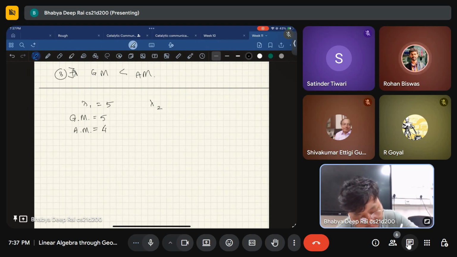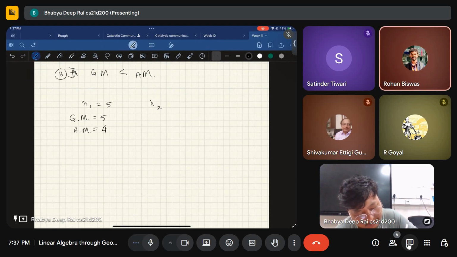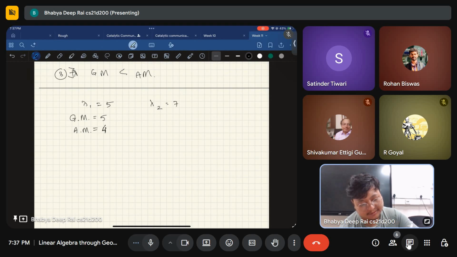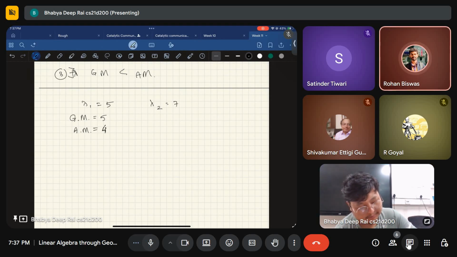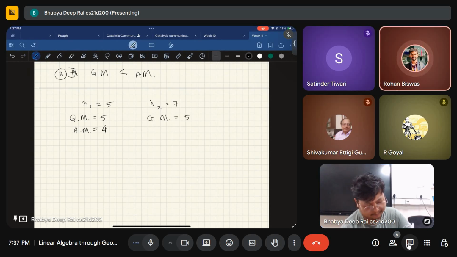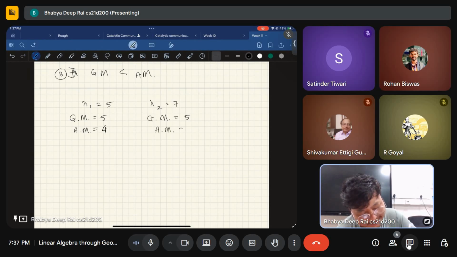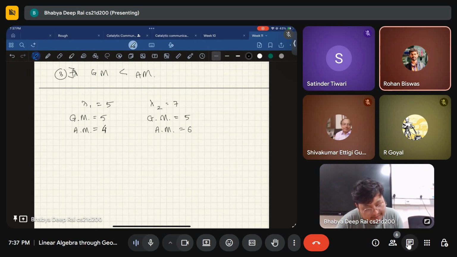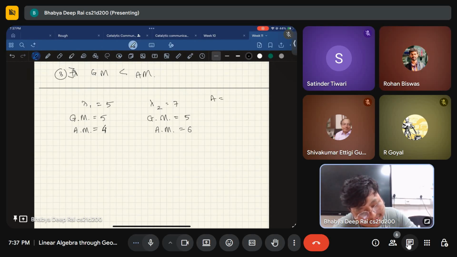And lambda 2 is 7, which has geometric multiplicity 5 and algebraic multiplicity 6. Okay, great. And A is a 10 by 10 matrix.